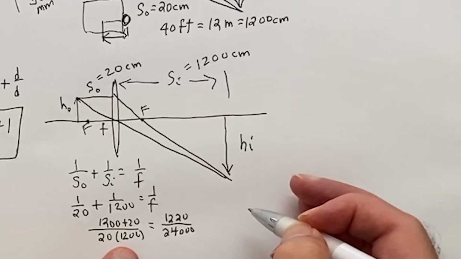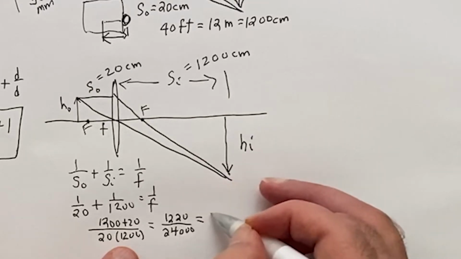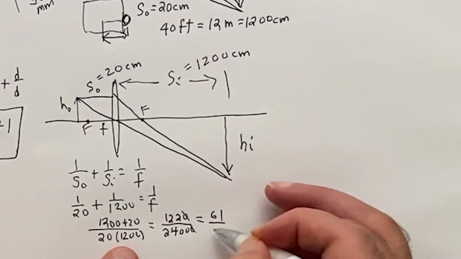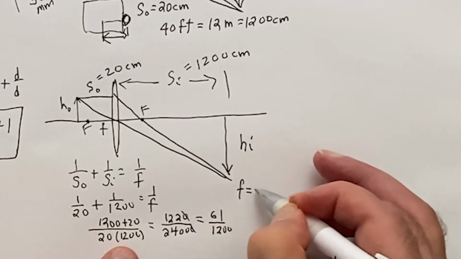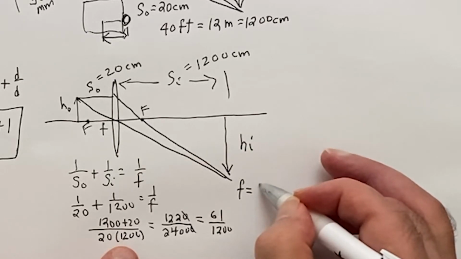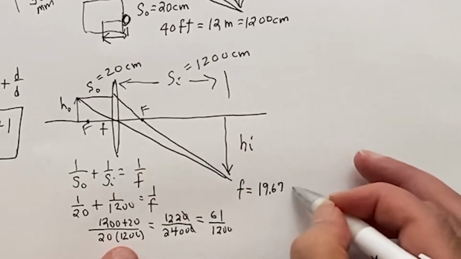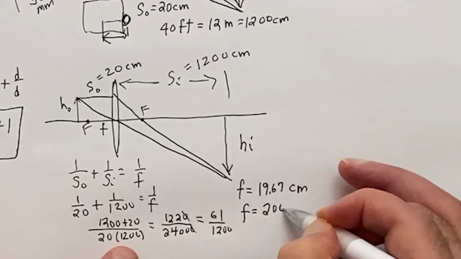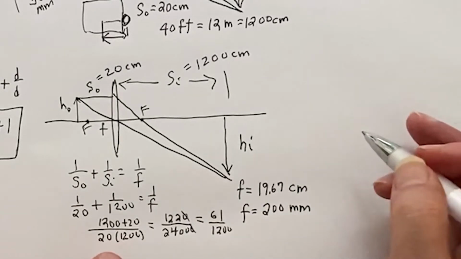And if you look at this, you could have left the 1,200. And if you flip that, you get here 19.67. Remember, everything's in centimeters. So that would be a 200 millimeter lens. Nice. Little calculation there.